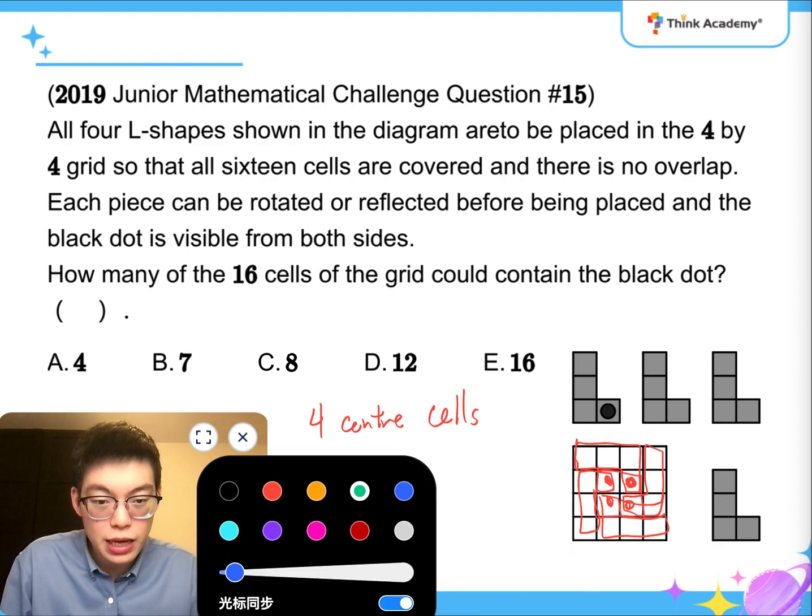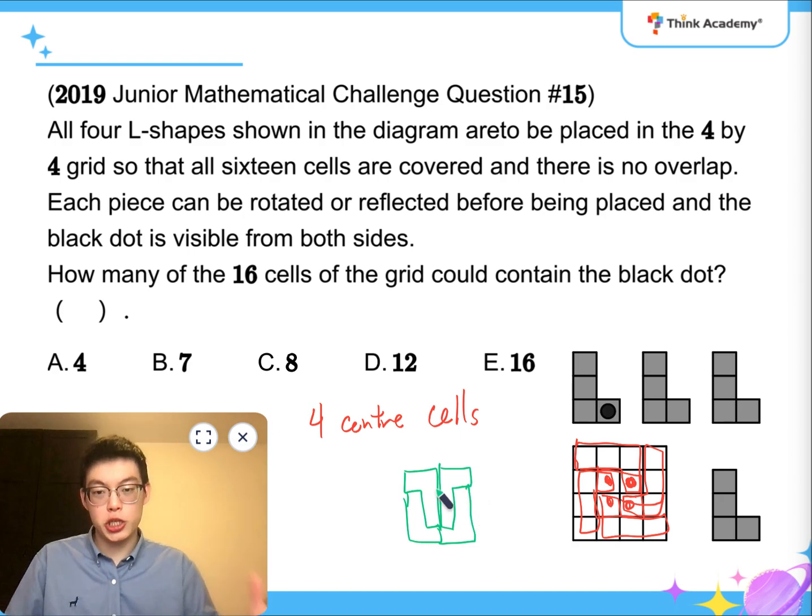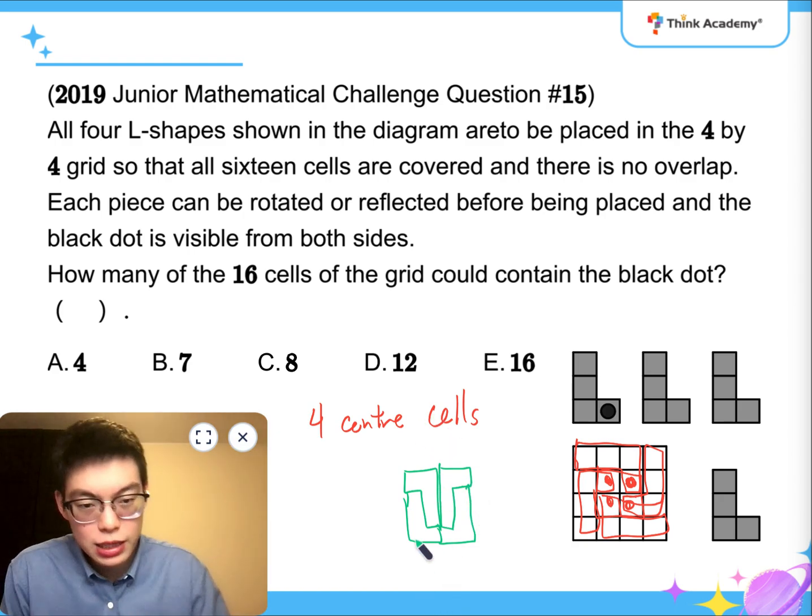We actually have another arrangement, which is like putting them in the L shapes. So 2 of them are going to form a group, and this is a 2x4 rectangle. And the other 2 can form another group on the other side, forming another 2x4 rectangle. So that's the other arrangement.